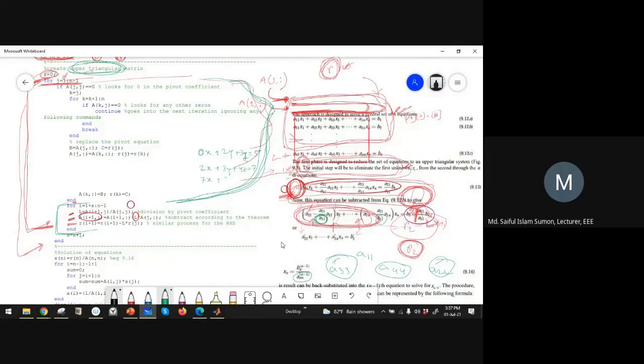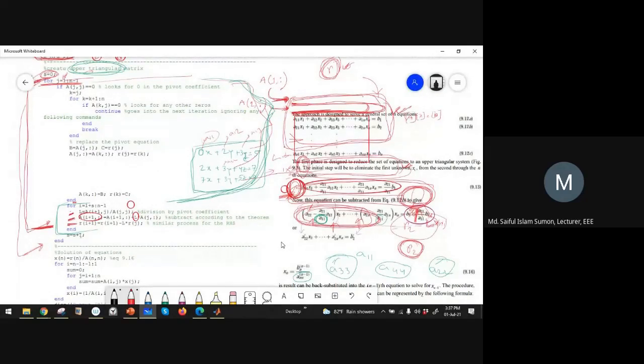Then 7x plus 3y plus 5z is equal to anything. I'm just giving one example. This is my A11, this is A12, this is A13, and this is A22. If A11 or A22, A33 are 0, then there is a problem.